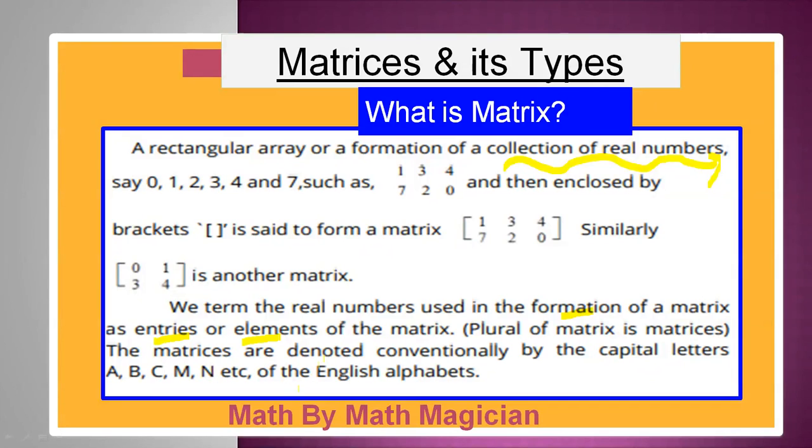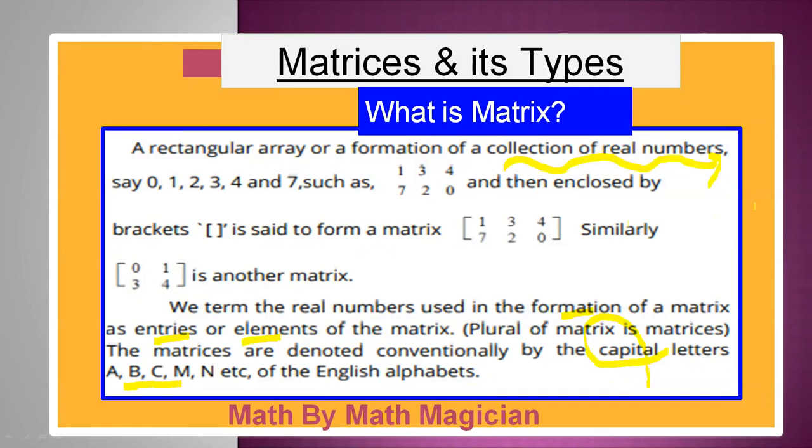Once I am taking these elements and making the matrix, how can I denote these kinds of matrices? I can take any capital letter and show the matrix by using it.